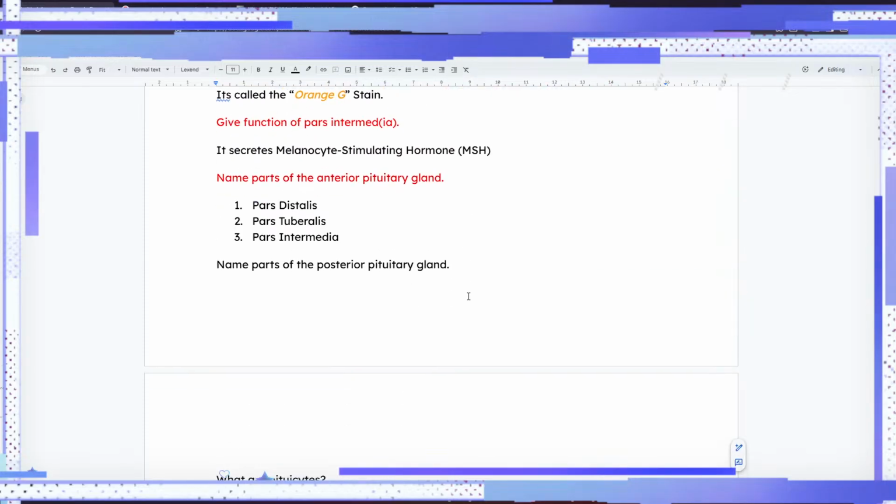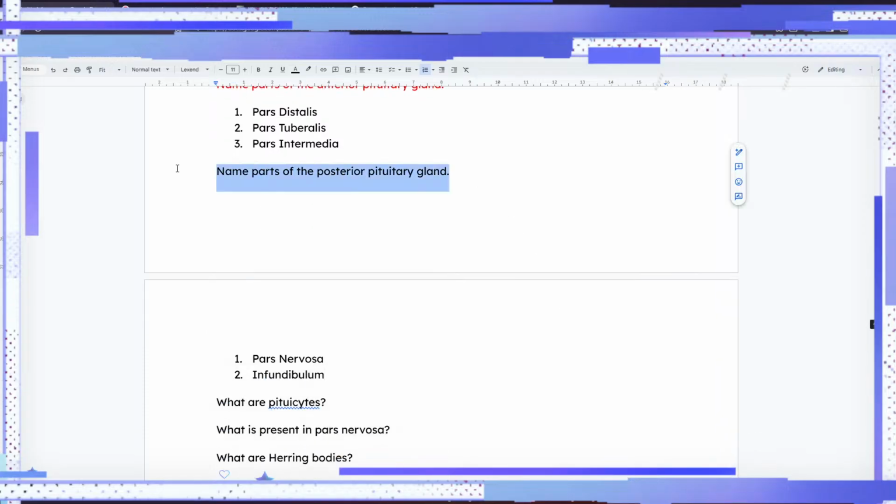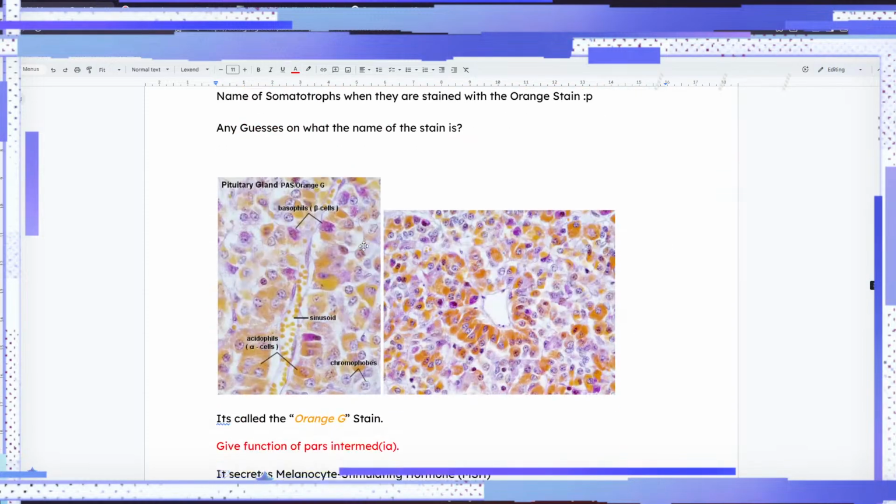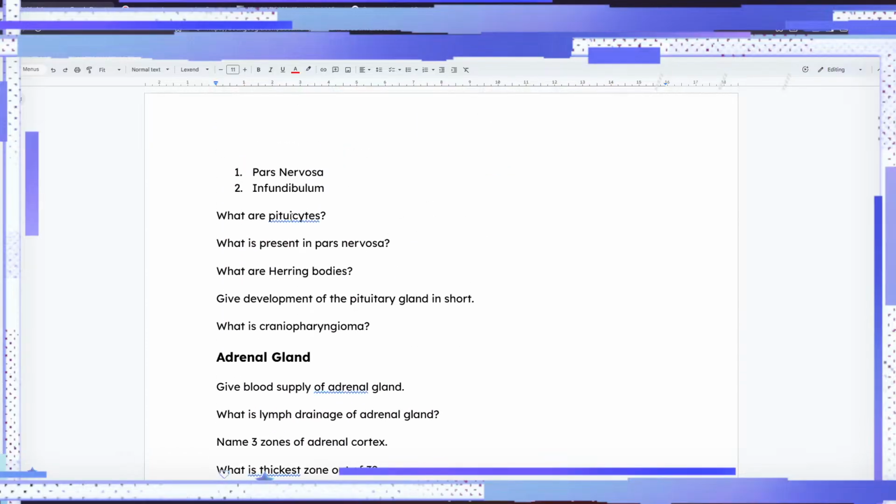Posterior pituitary gland: pars nervosa and pars infundibulum. Fair enough. These questions are turning out to be as I expected.